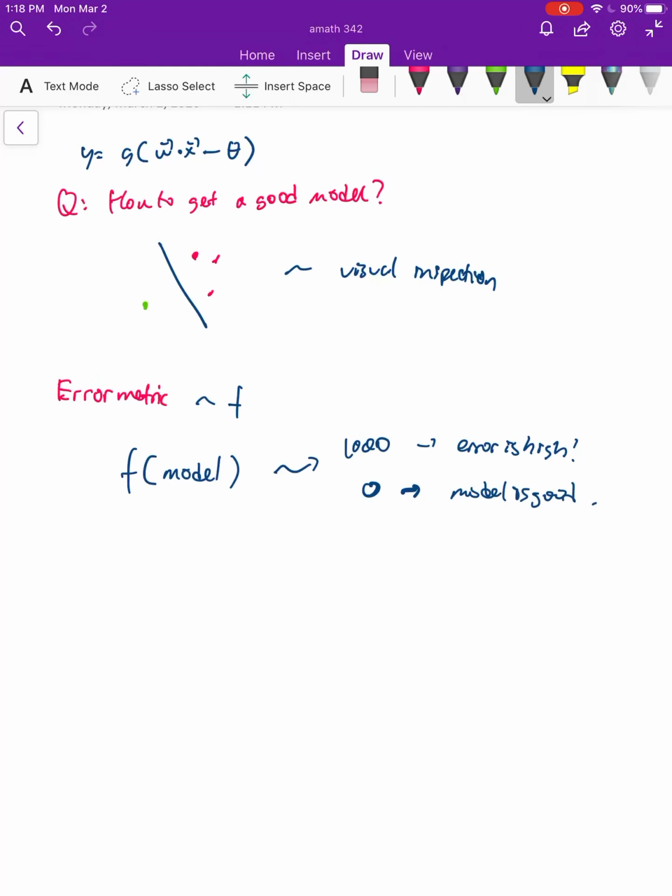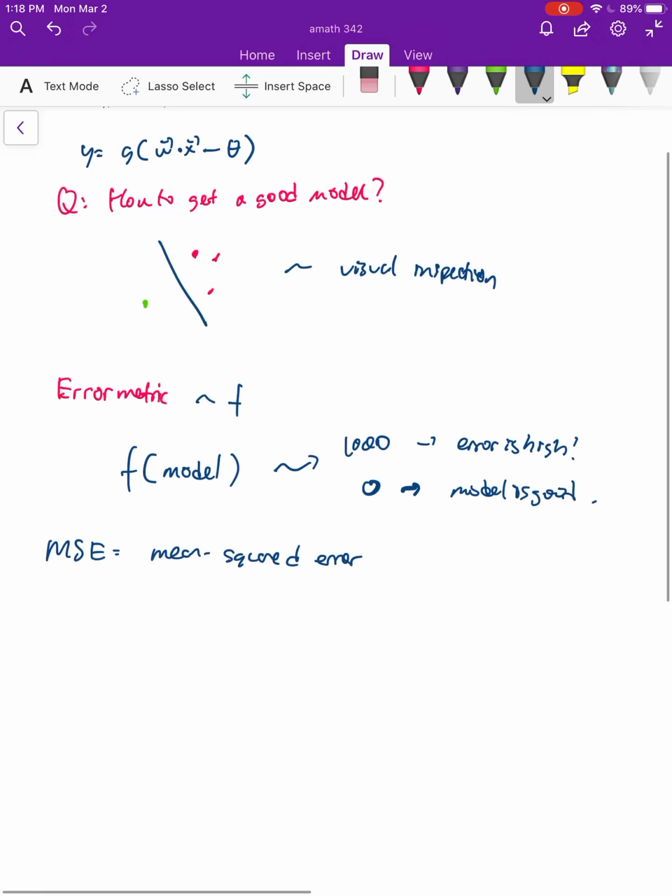Alright, what would be one reasonable error metric? A popular one is called MSE, mean squared error. So before that, some illustrations. Let's say my training set is not linearly separable, like this.